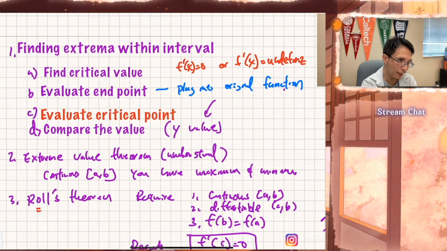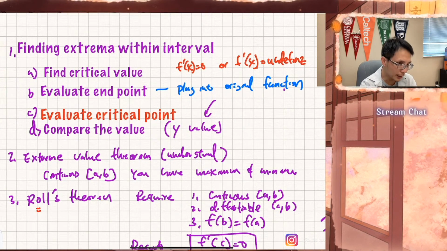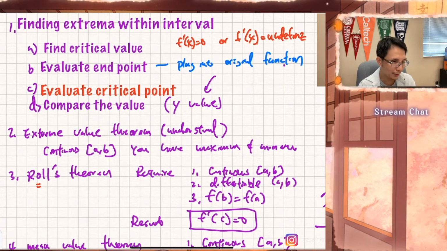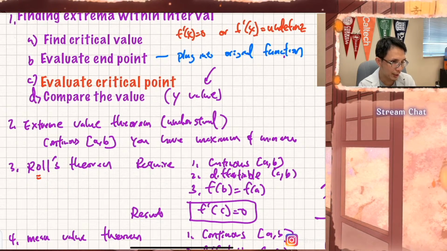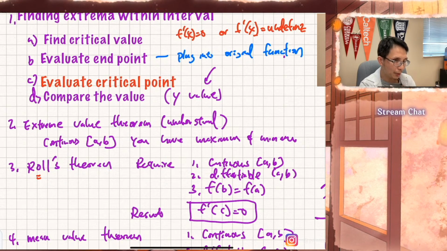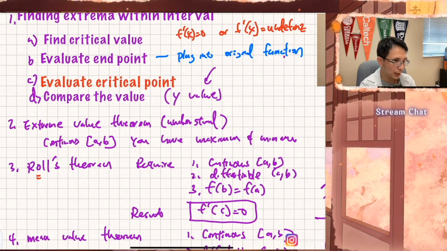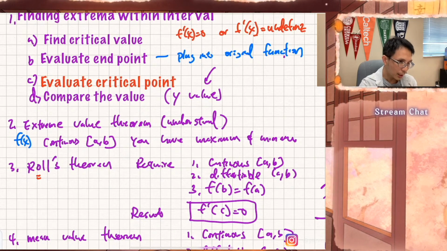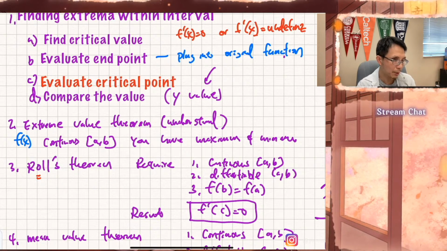Okay, so this is the first thing. The second thing is the extreme value theorem. Super easy. I might not even test it, but you will have to understand it for the AP exam. The extreme value theorem says that if a function is continuous on [a, b], then you have a maximum value and a minimum value.